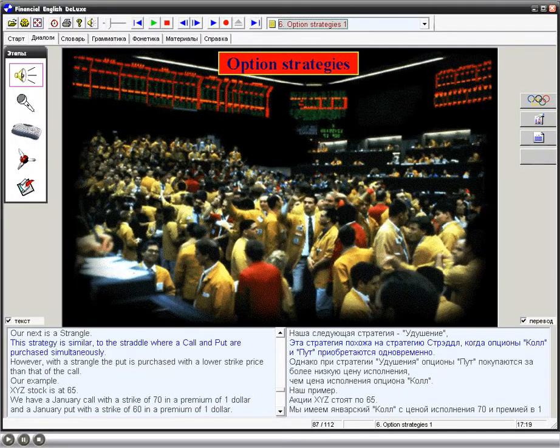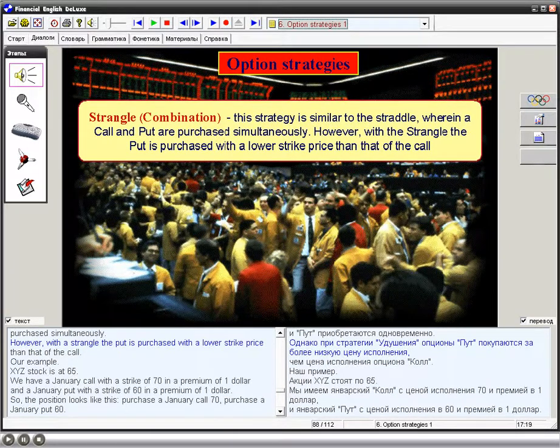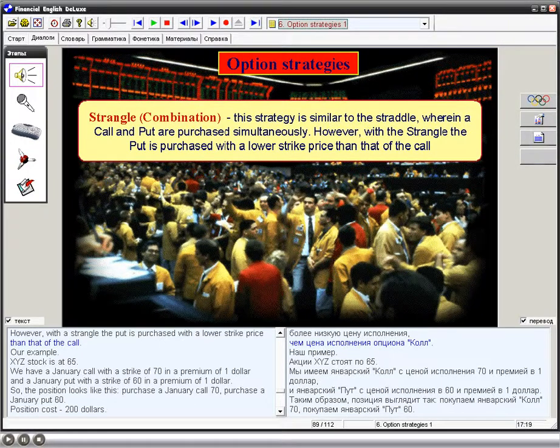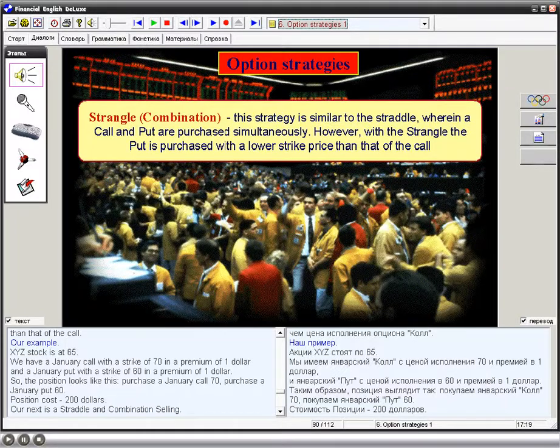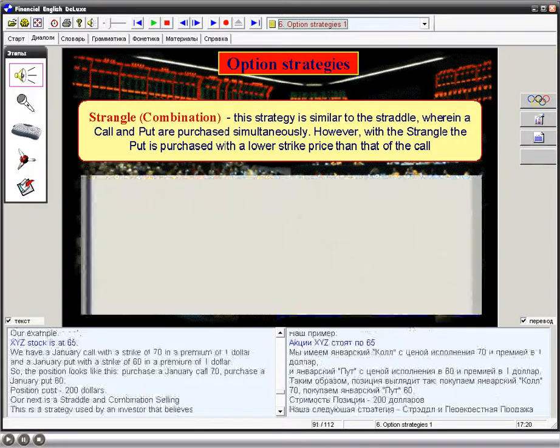Our next is a strangle. This strategy is similar to the straddle, wherein a call and put are purchased simultaneously. However, with the strangle, the put is purchased with a lower strike price than that of the call. Our example.